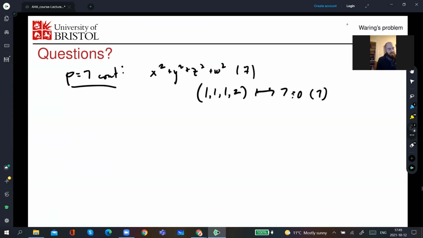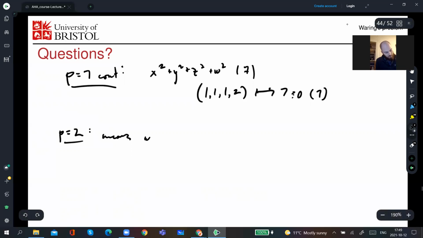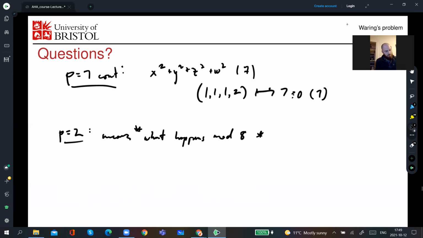Wunderbar. And finally, we deal with the smallest prime, 2. And that actually means I'm going to have to deal with things mod 8, because of this whole non-singularity issue.